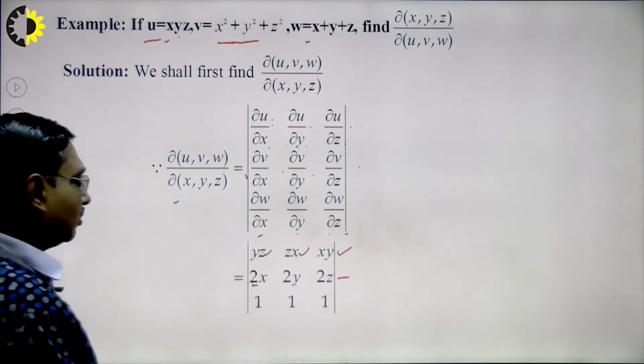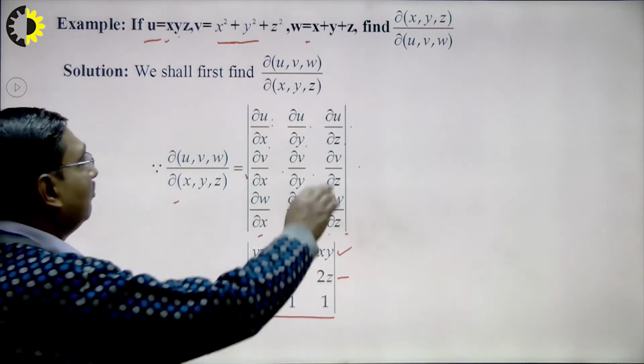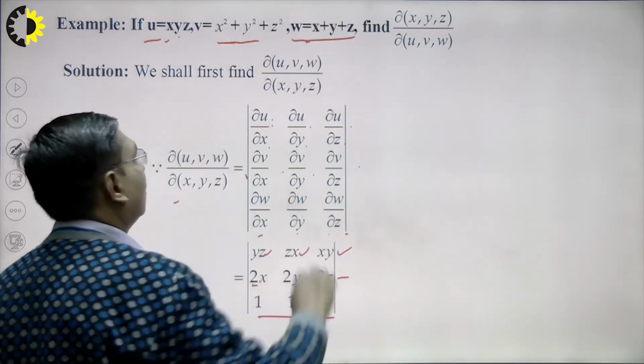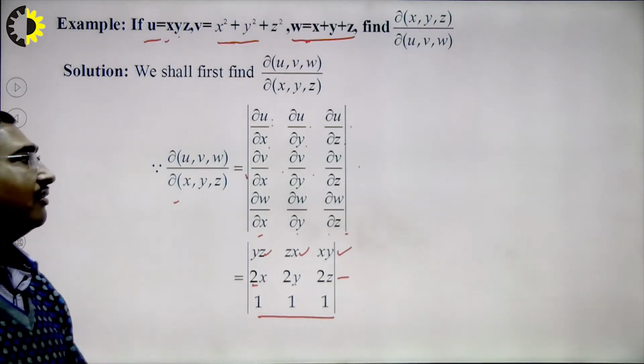The third row of the determinant will be 1 1 1, because the partial derivatives of w with respect to x, y or z are all 1.